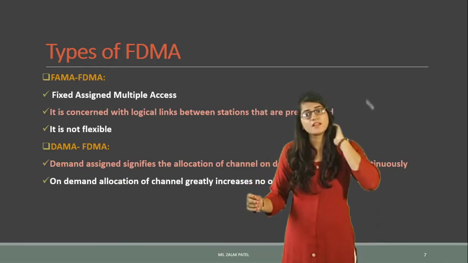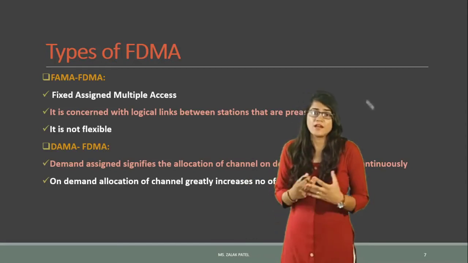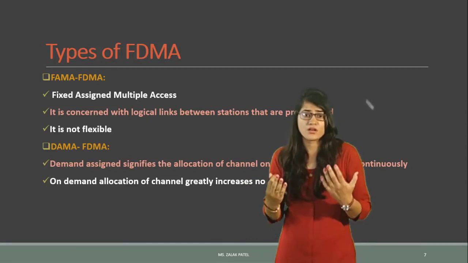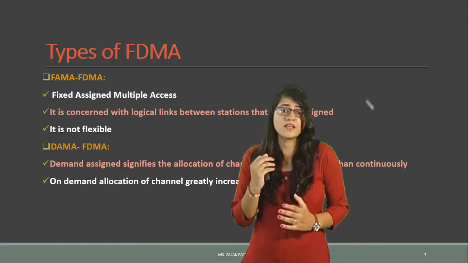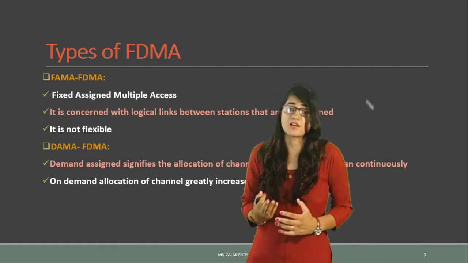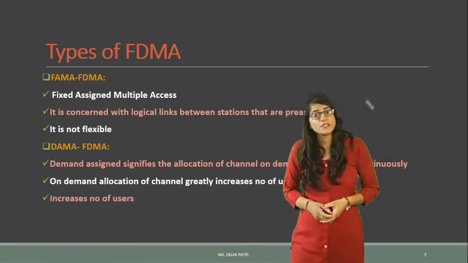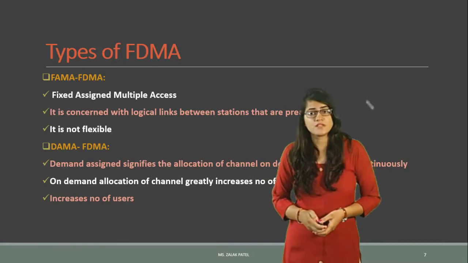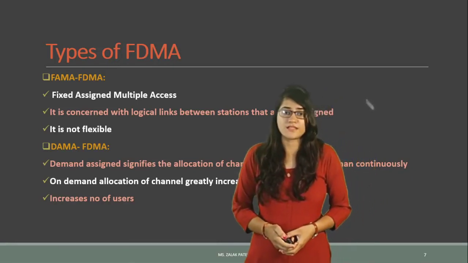If channels are available on the demand of the user, the capacity or the grade of service can greatly increase, or we can say the upstream performance also increases. The number of users that can be supported also increases with the demand assigned multiple access technique, frequency division multiple access.